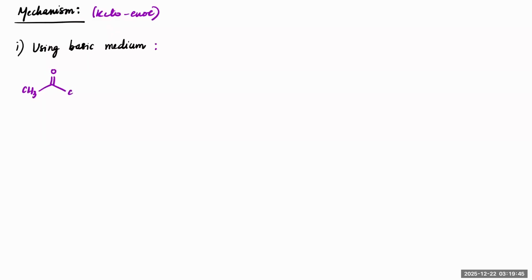CH3 C double bond O CH3. So this is acetone. Now this acetone, when you keep it in basic medium or add some NaOH, you'll notice this has C double bond O CH3, and here it will become CH2 minus, correct?